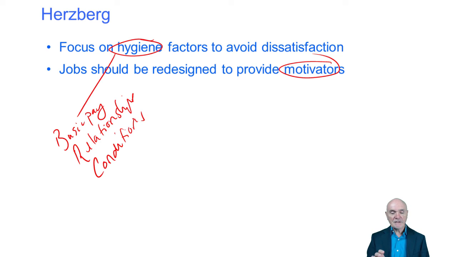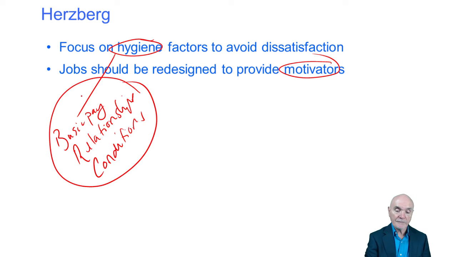So if there's a missing hygiene factor, if you're not getting enough pay, if you've got very poor relationships at work, if the conditions at work are atrocious, you'll just fixate on the absence of these hygiene factors, and nothing will motivate you. So first he said, managers must make sure that the hygiene factors are present. People are reasonably happy with what's going on. And then what you can do on top of that is to provide motivating factors. And motivating factors can be esteem, can be self-actualization, can be the feeling of growing and so on.